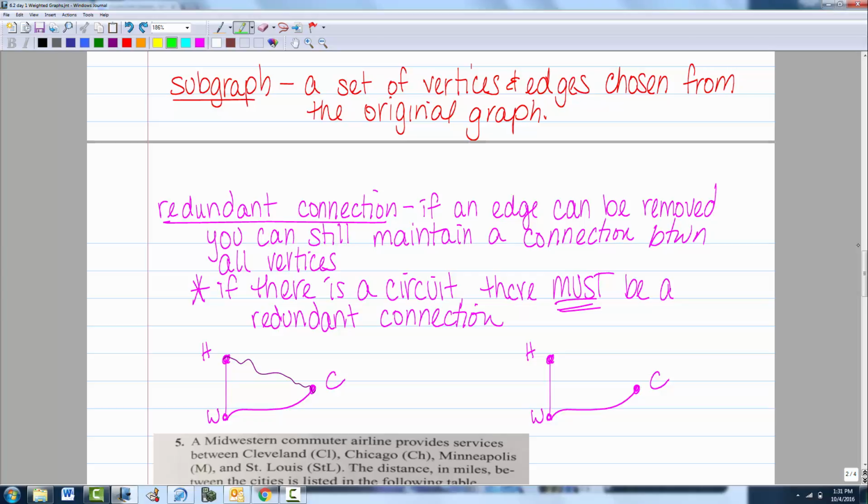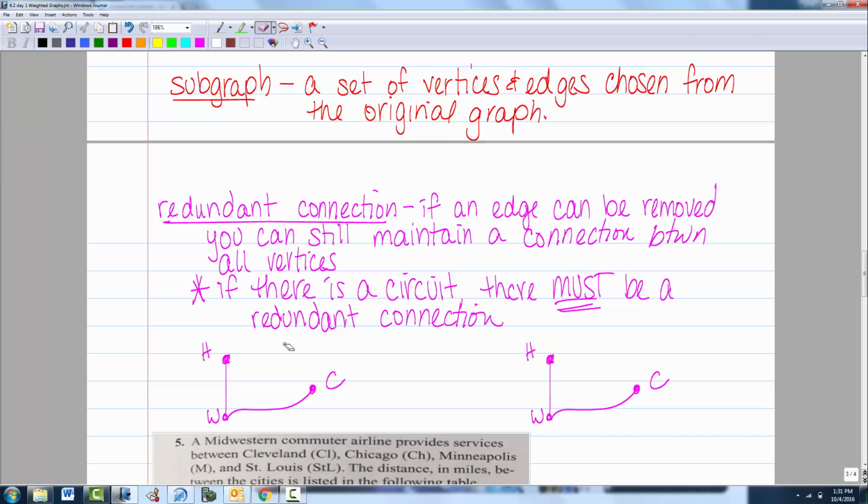That's if an edge can be removed and can still maintain a connection between all the vertices. So I took the Mickey Mouse example from the beginning. Home to work, work to class, class back to home. This is a circuit. So we have a redundant connection. If we remove any one of these three, I still have all the vertices connected.